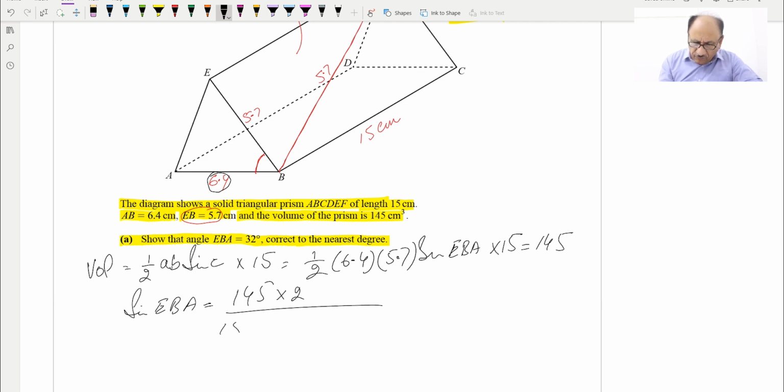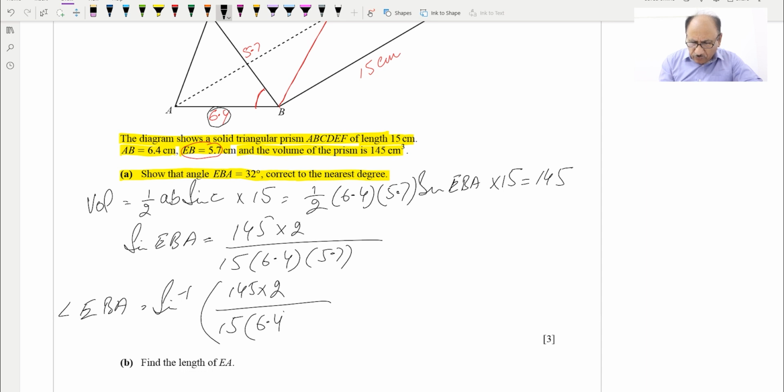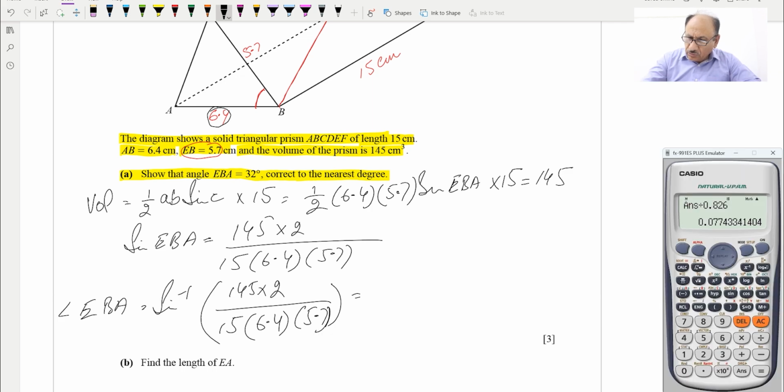Now we can write angle EBA is equal to sine inverse of 145 into 2 over 15 into 6.4 into 5.7, and we can use a calculator to calculate this.